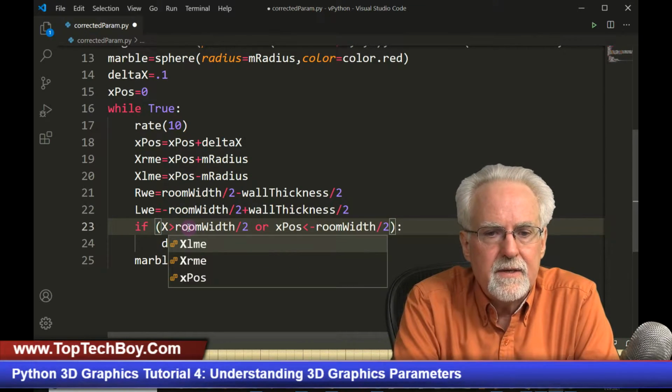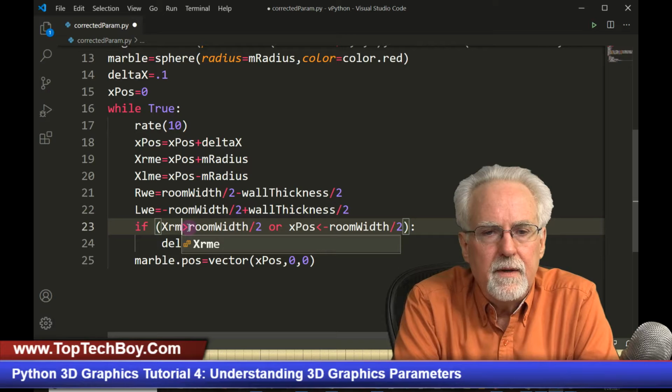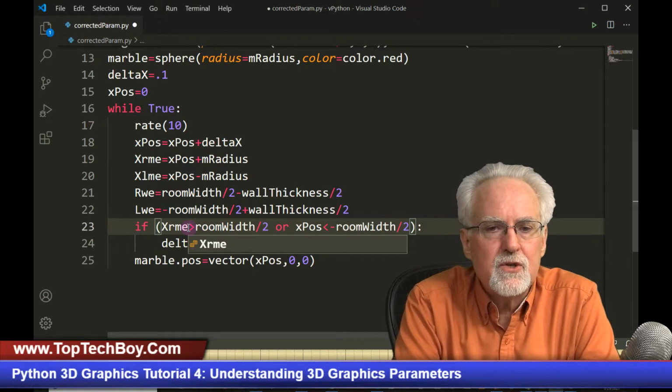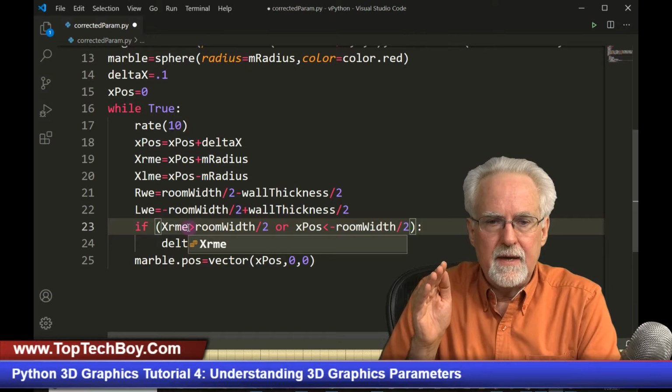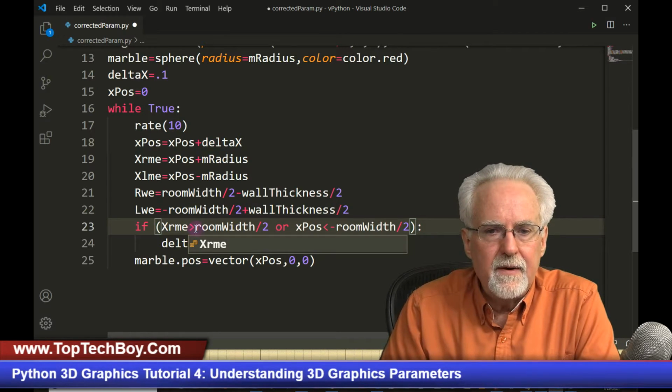So X marble, what was that? X R M E. I forgot what the R is. X right marble edge. So when the right marble edge is greater than what?